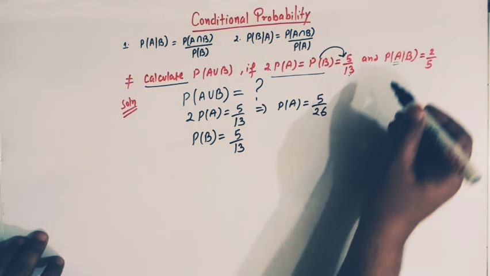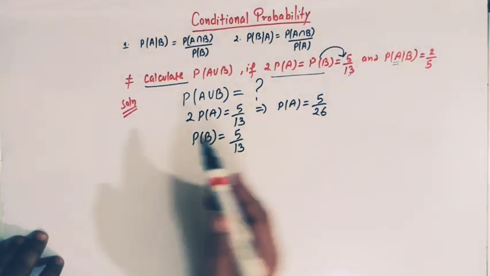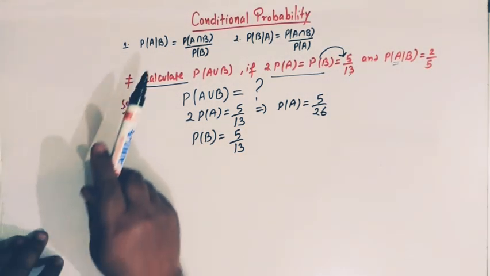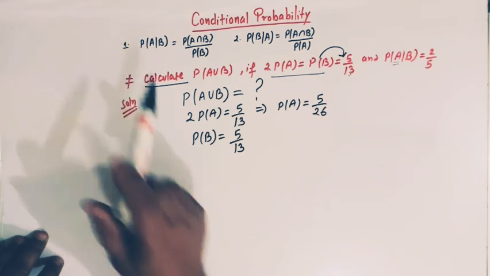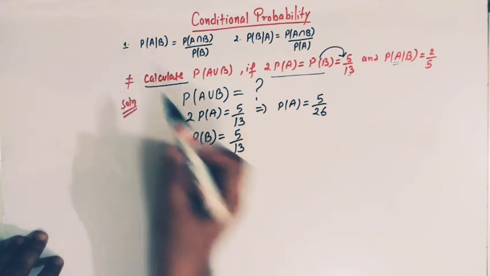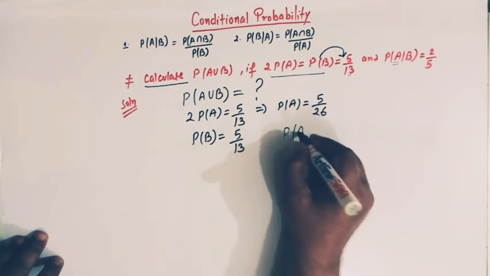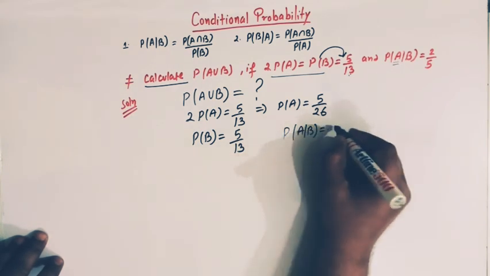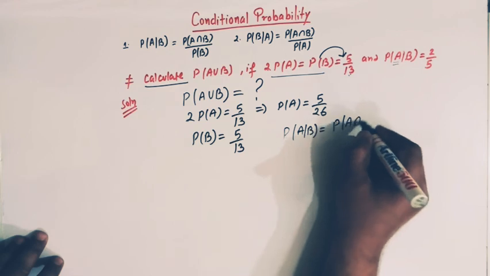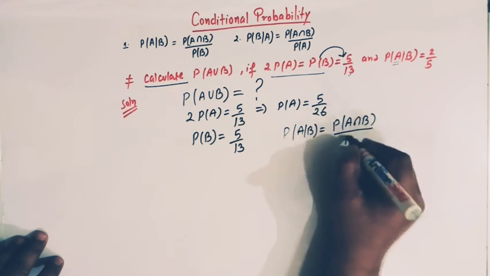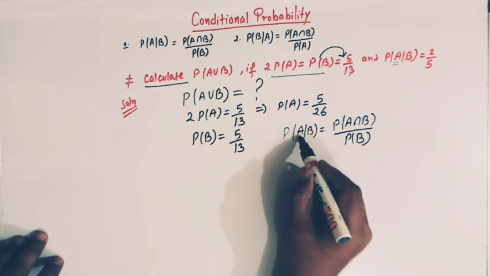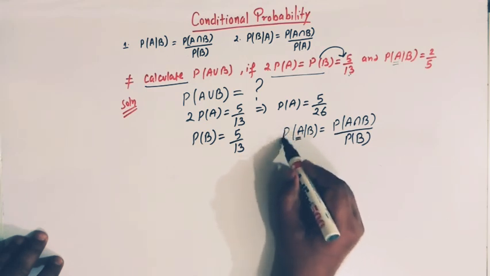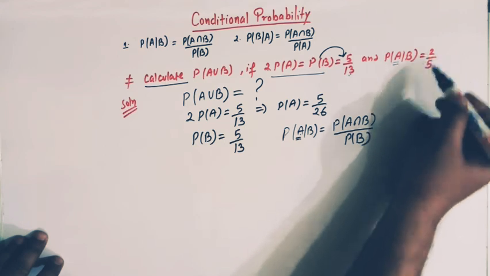Now let us apply this rule, right? So if we take this formula, then P of A by B is P of A intersection B divided by P of B, right? Now the conditional probability of A is given as 2 by 5.